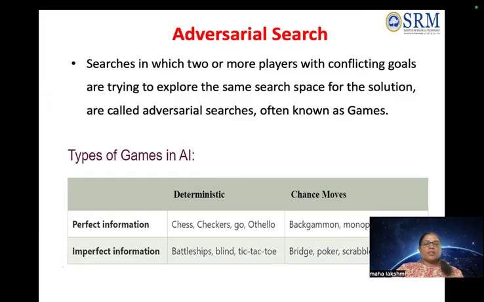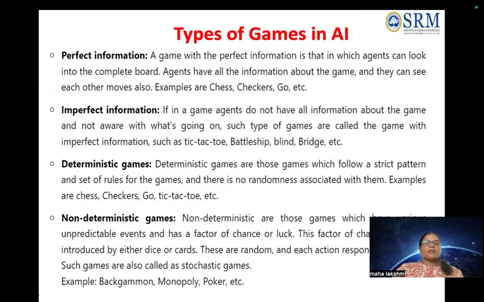Chance moves with imperfect information will be bridge, poker, etc. So the types of games in AI, with respect to perfect information, imperfect information, deterministic games, non-deterministic games, the games of AI have been divided into.